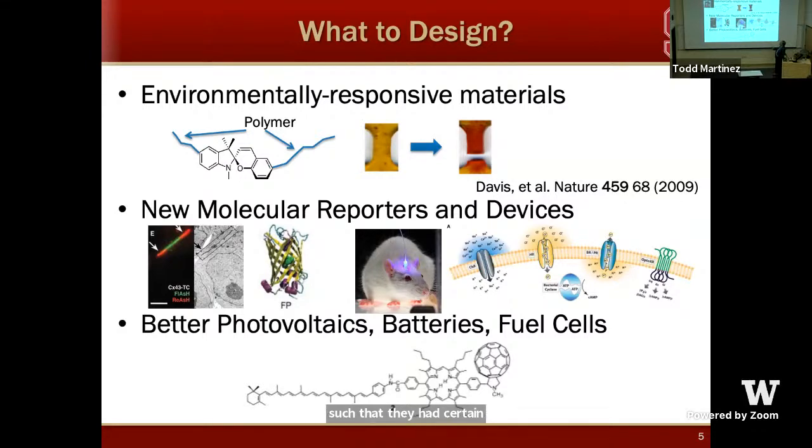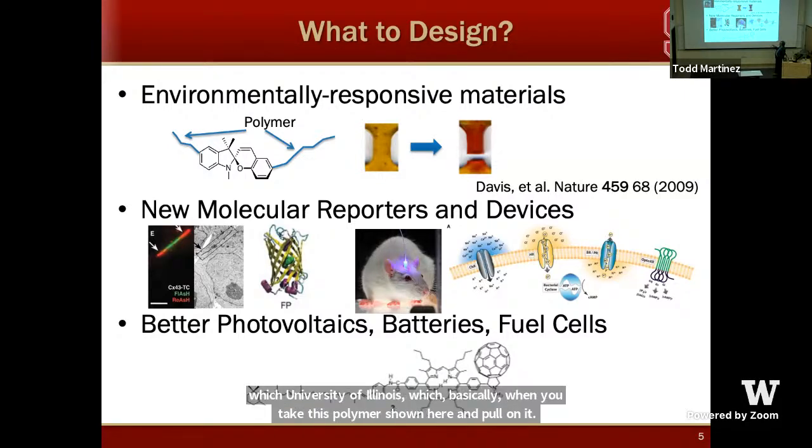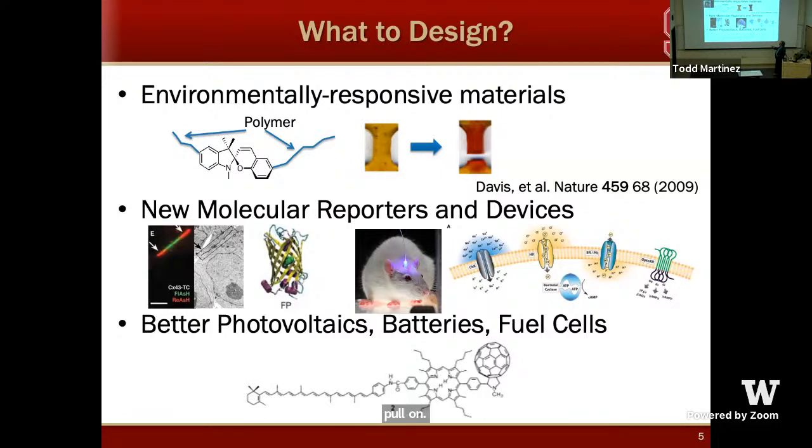This is a particular case of a molecule that we were involved with in collaboration with the Moore group at the University of Illinois, which basically, when you take this polymer shown here, put it into a solid state polymer and pull on it, then the spiropyran, this spiro bond here, tetrahedral carbon bond, breaks, and you make a merocyanine dye, and this goes from being transparent to being red, and you can see here the stress field essentially after the molecule's been broken, right?